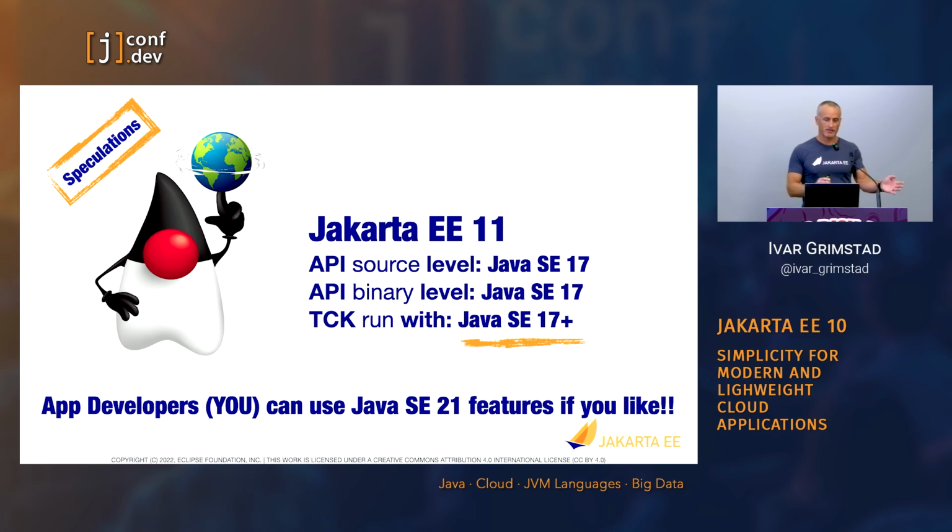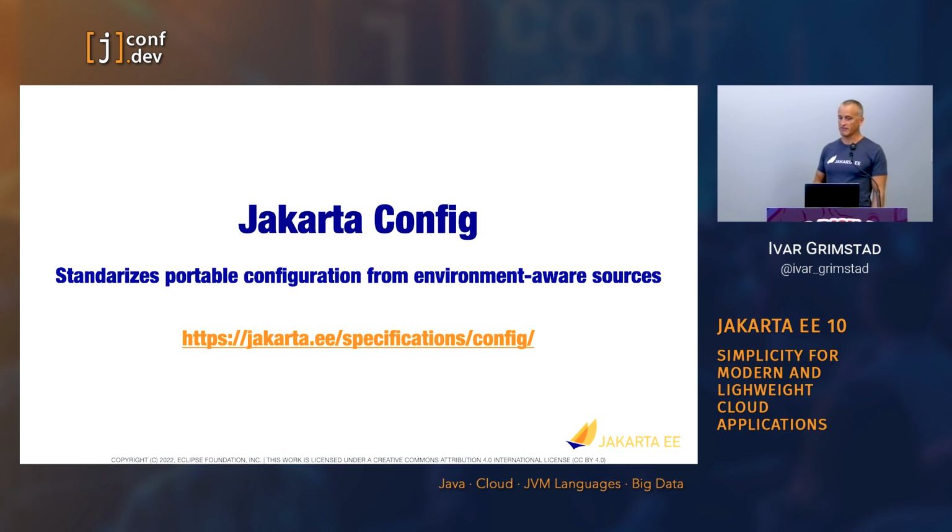So we need to figure out a way how we can mitigate that and make sure that the application runs as secure as it does today, portable from previous versions, and running on 21. So I'm pretty sure the TCK will run on at least 21. And language level, most likely 17.